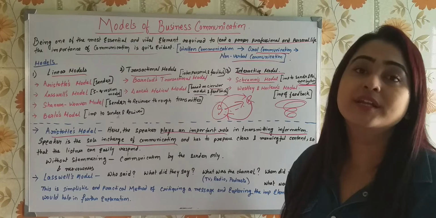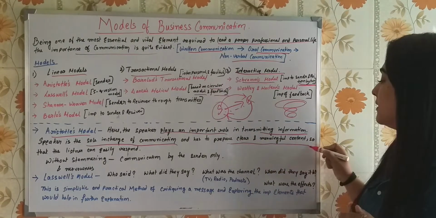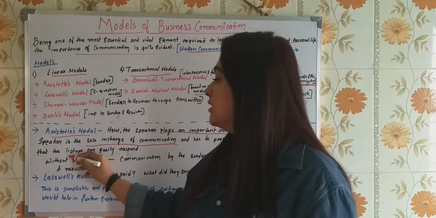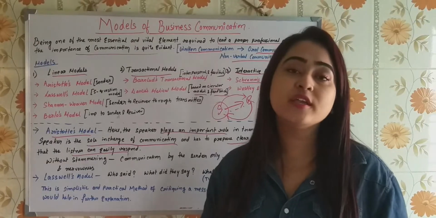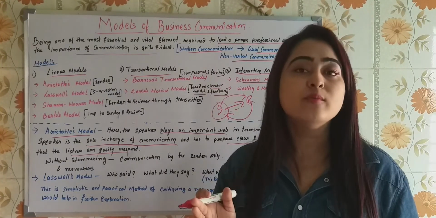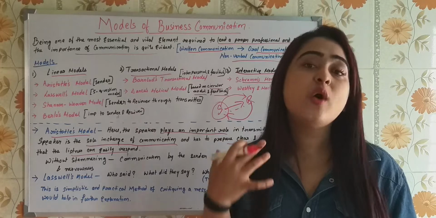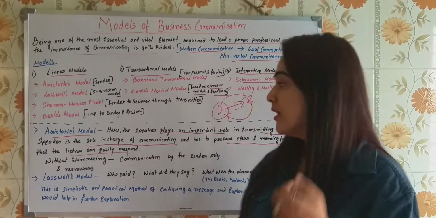We are not expecting anything from the receiver, and the speaker has to prepare clear and meaningful content so that the listener can easily respond. If I start speaking in some bombastic words and you guys can't even understand, that's not my motive, right? I want you guys to understand. So in simple layman English, I'm trying to make you understand.